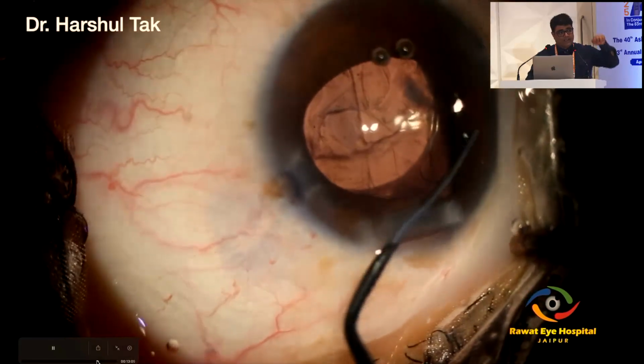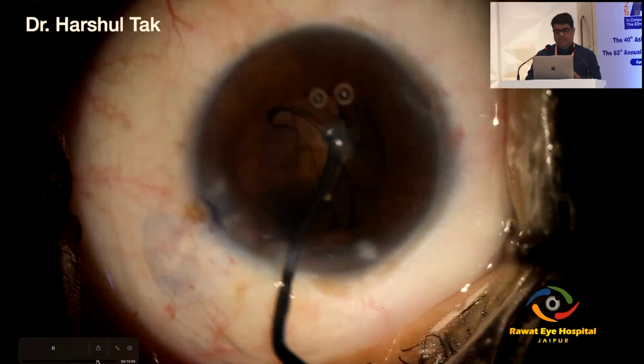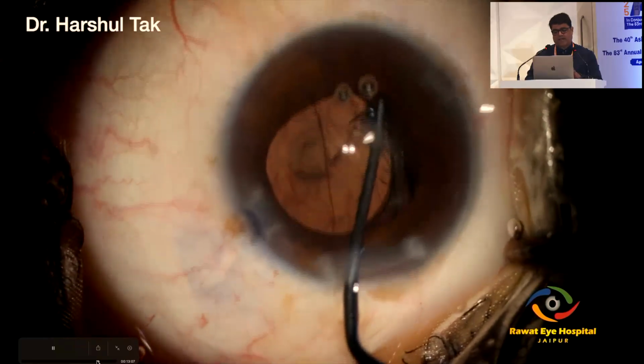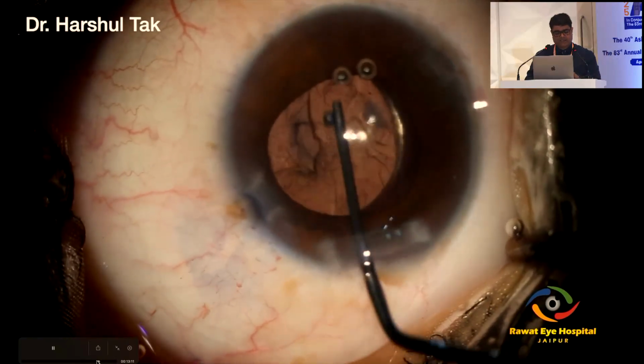I'm not rotating the lens here. I'm just bending the haptic and pushing it into the capsular bag so that you don't have those rotational forces.